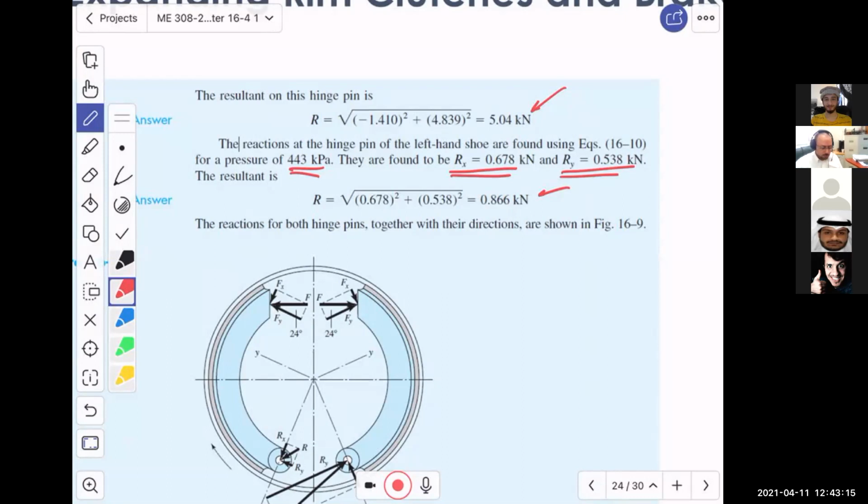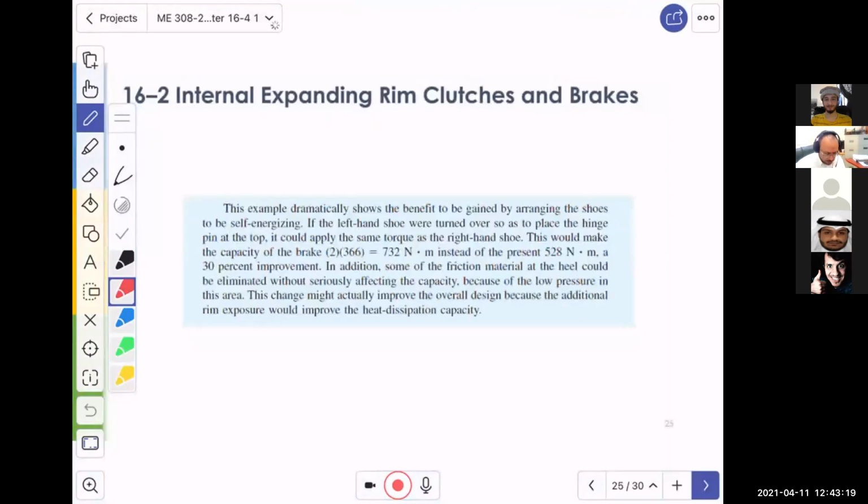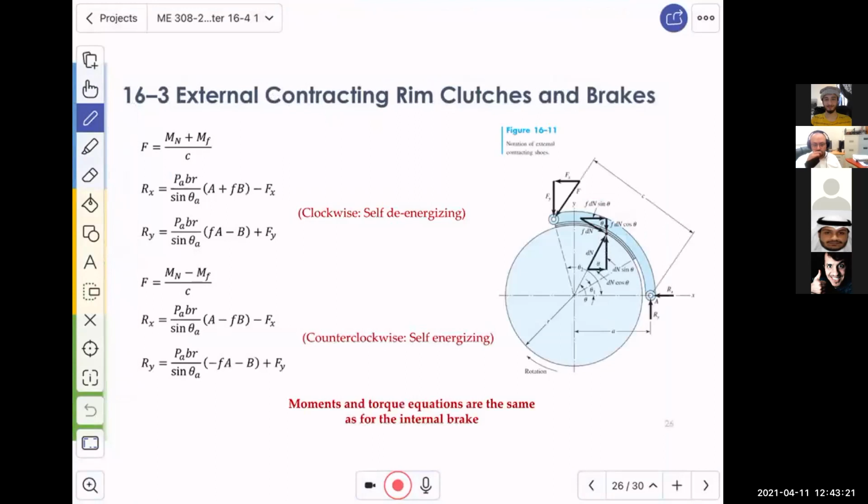Now we have around 5 something minutes. So what I'm gonna do, I want to introduce you to a very interesting section, which will, by the way, not take too long to finish, which is externally or external contracting rim.